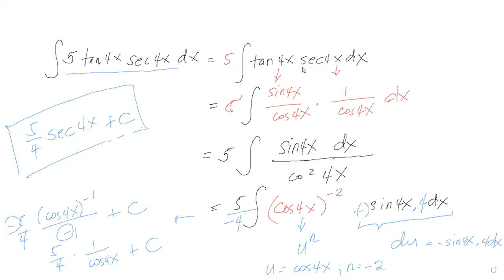You can set aside 1 secant of 4x, then the remaining tangent of 4x, secant of 4x will be the du of your secant. That would be correct. But in this case, you cannot assign a u for the entire secant of 4x because the derivative of that is secant tangent. Where will you get the other secant because you already assigned this as the u? You have no other secant to use.